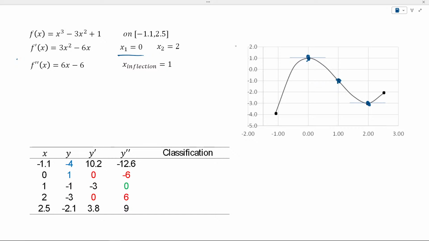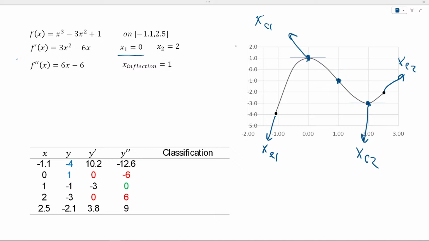This is endpoint 1 and this is endpoint 2. This is my critical point 1, x critical 1, and this is my x critical 2. So basically, I want to see where my global minimum and global maximum are. That's the question.